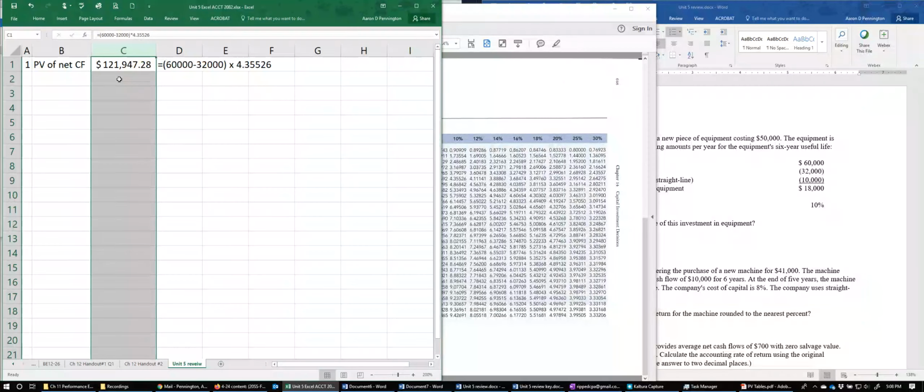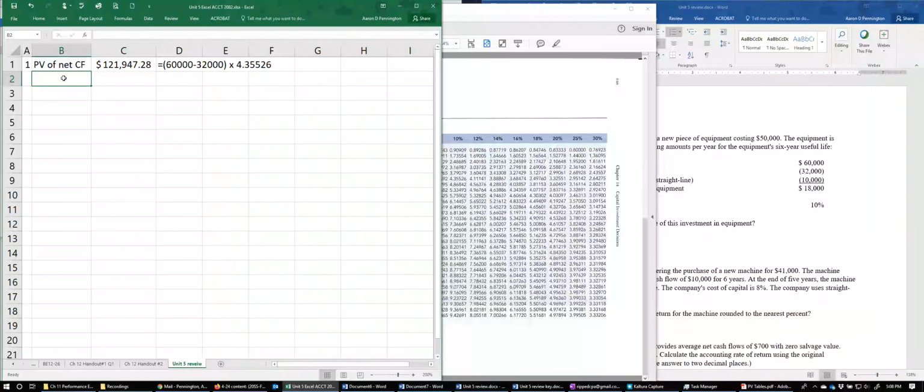Investment is 50,000, and I'm going to go ahead and show the investment as a negative.